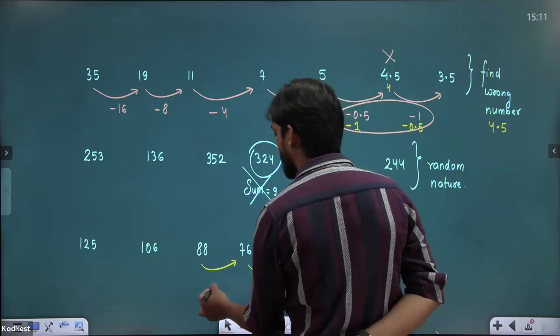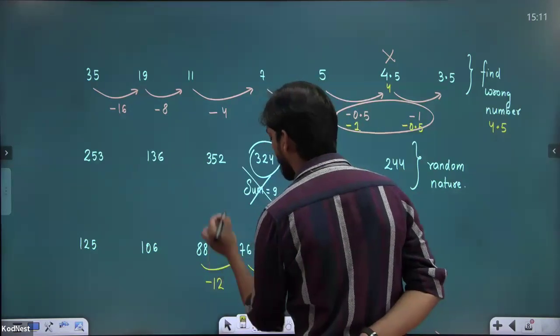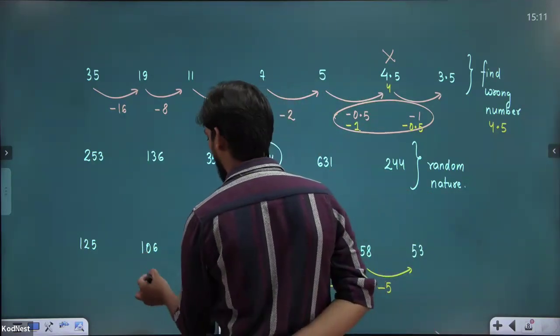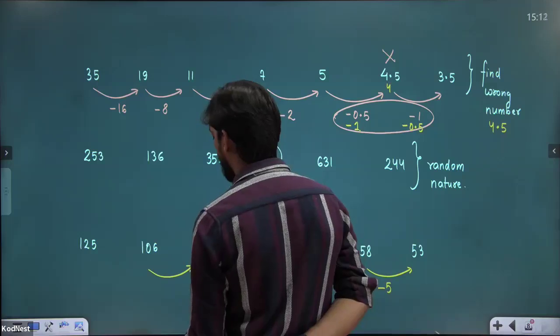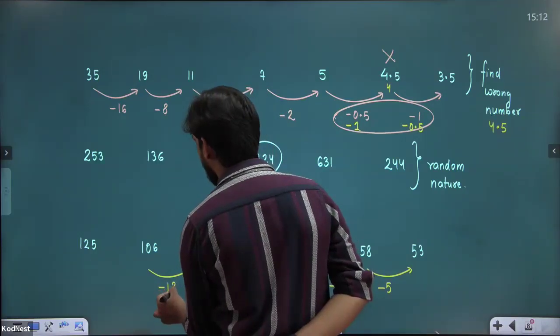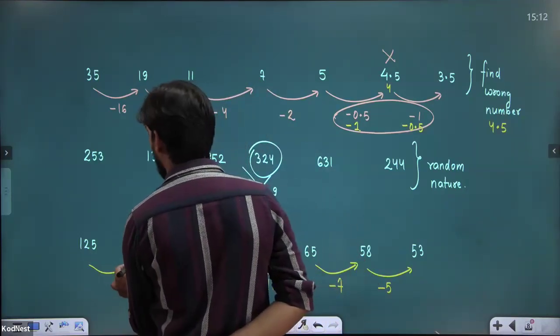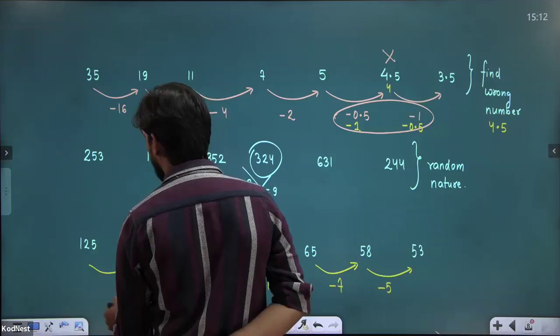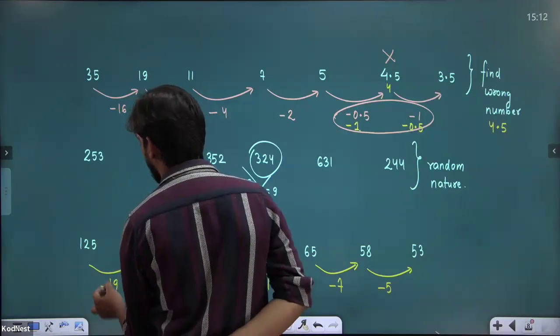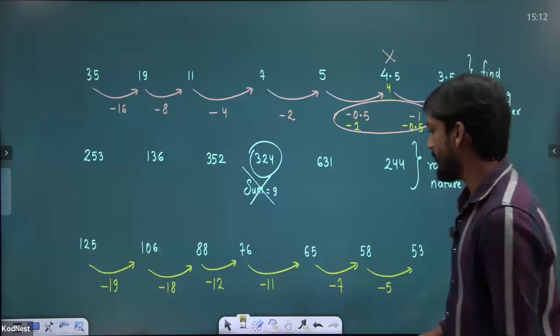88 minus how much? You will say, sir, 12. Minus 12 will give you 76. All right, 6 and 12, 18. So minus 18. And this will be 25 and 6, 19. All right. Now try to observe.